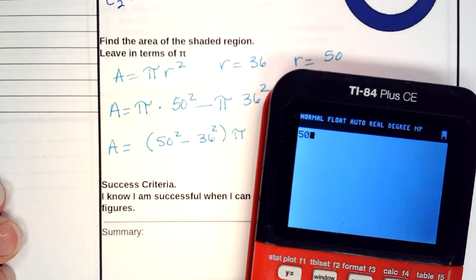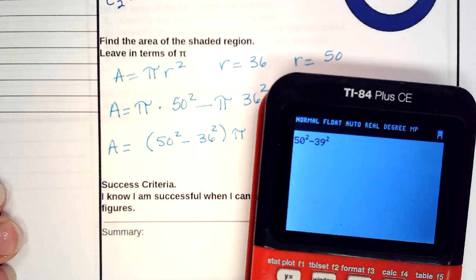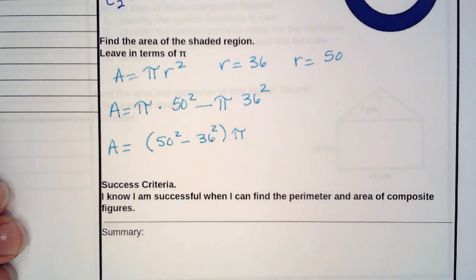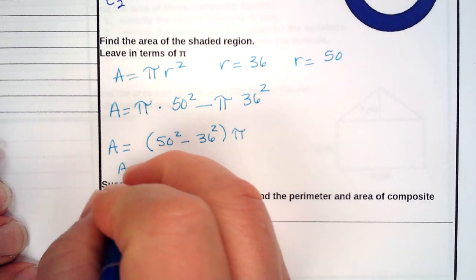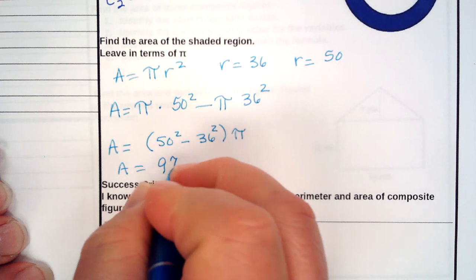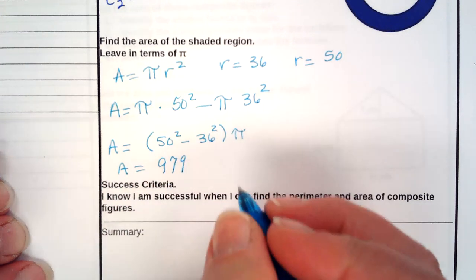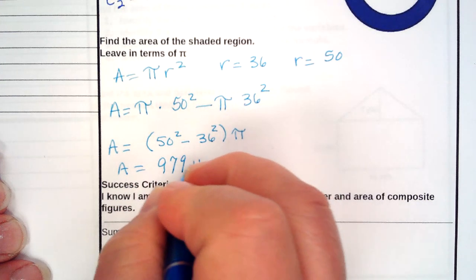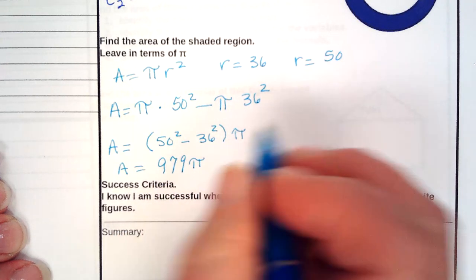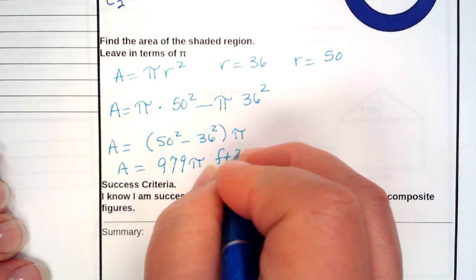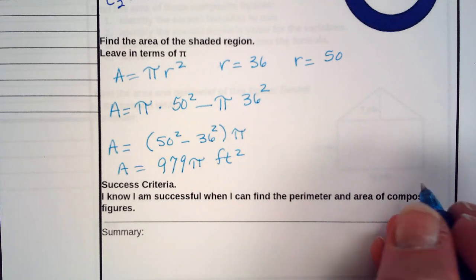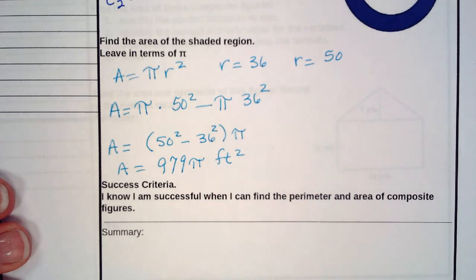50 squared minus 36 squared is 1204, or 979, followed by pi, and that would be feet squared. Okay, do you want the approximation? A lot of times you might.